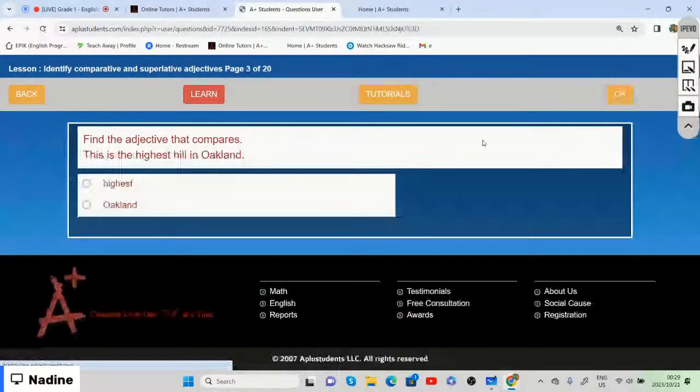All right. This is the highest hill in Oakland. Is it highest or Oakland?